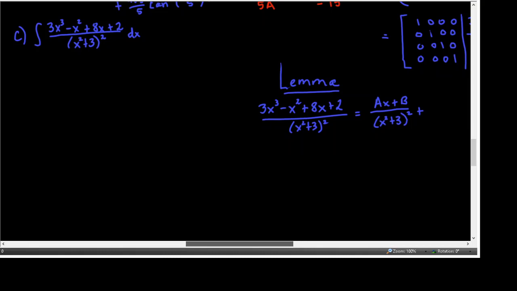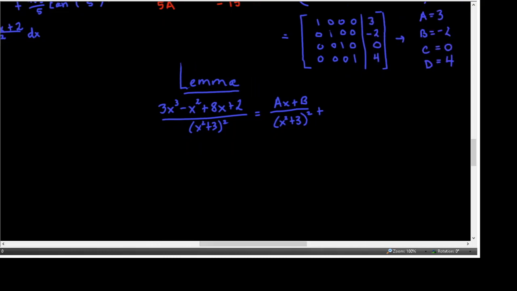Should move this over so we can see it better. Okay. And then the second denominator is the next lower power of x squared plus 3, which happens to be to the first, so that's the last one we'll have to write of those. Since it's a quadratic factor, it'll have to have a linear numerator, so cx plus d.